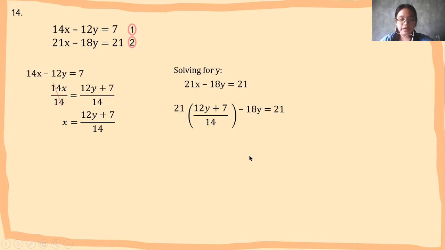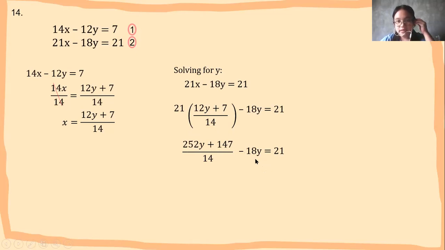When multiplying fractions, it is numerator to numerator and denominator to denominator. Let's assume that 21 has a denominator of 1. So 21 times 12y gives 252y, and 21 times 7 is equal to 147 over 14. Then copy the remaining terms: minus 18y is equal to 21.